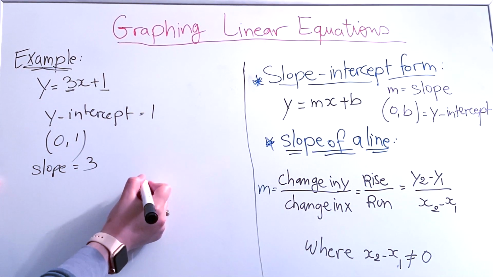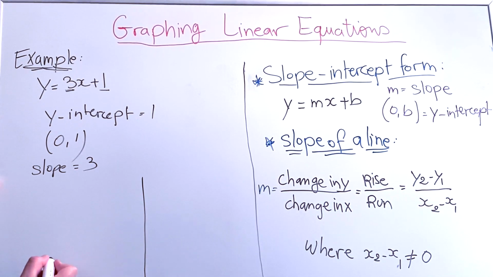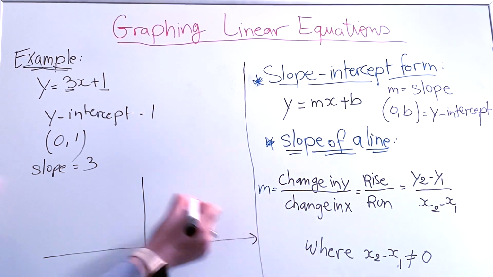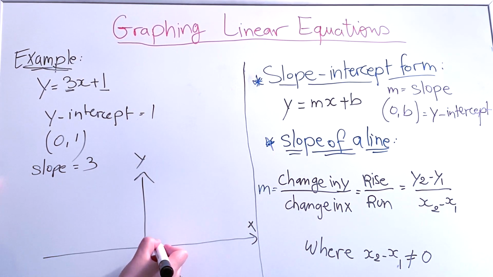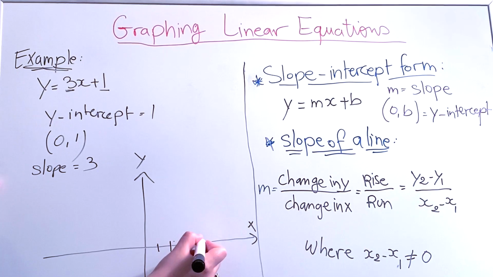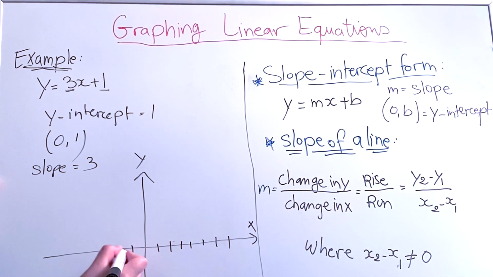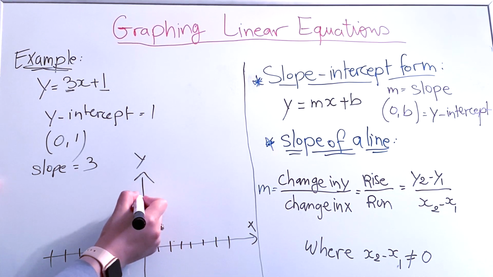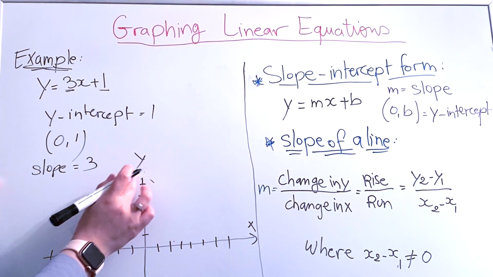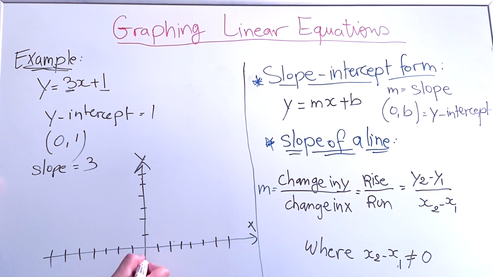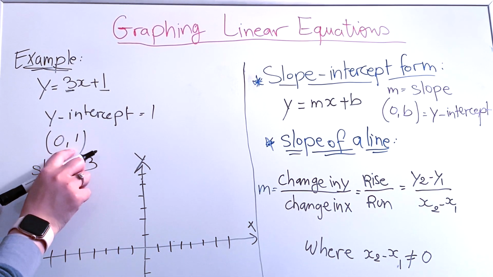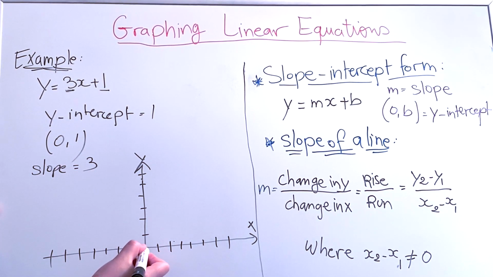Now we're gonna try to draw the equation. We have x is here and y is here, with 1 through 7 and minus 1 through minus 7 on each axis. So we have the first point, it's (0, 1).